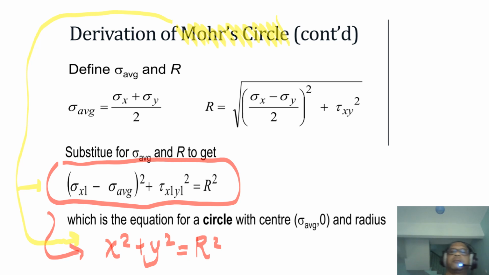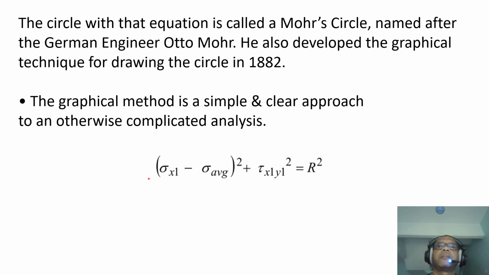So our job now is just to draw the circle and find the relationship, if there is any. The circle with that equation is called the Mohr circle, named after the German engineer Otto Mohr. He also developed the graphical technique for drawing the circle in 1882, so it's almost 200 years ago.